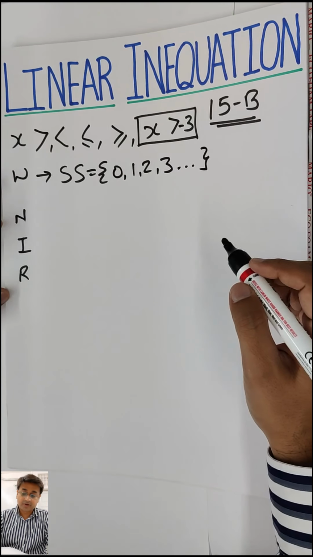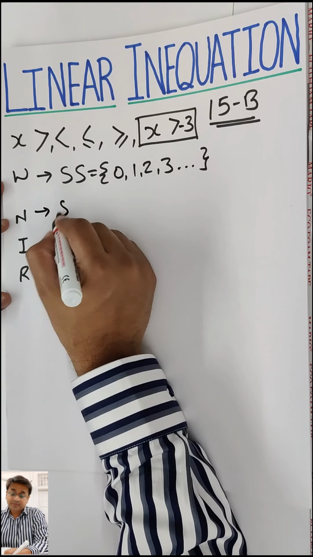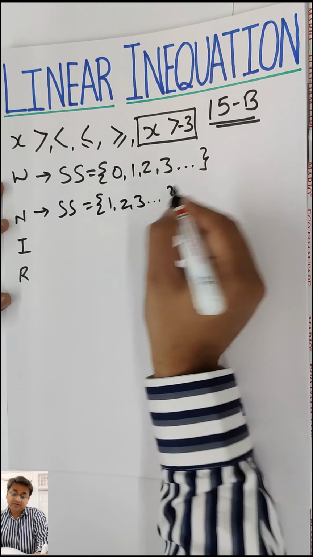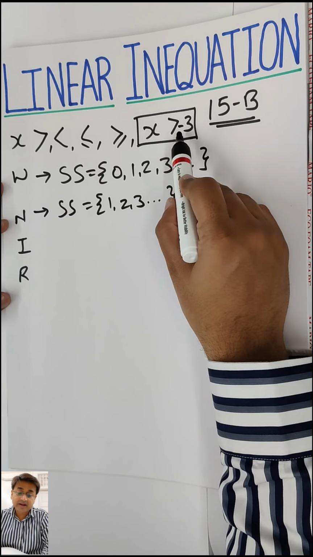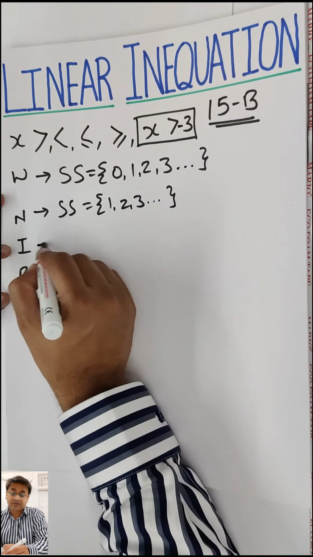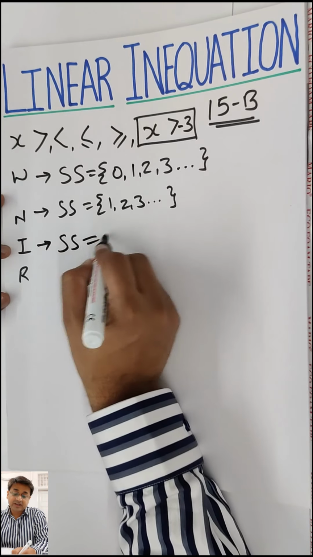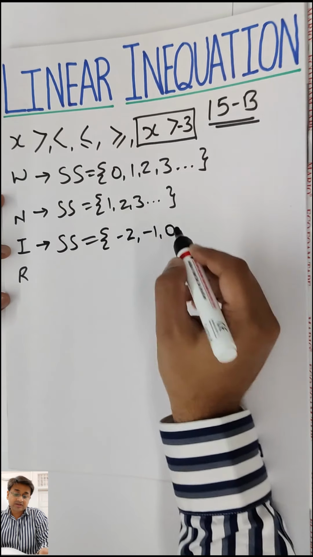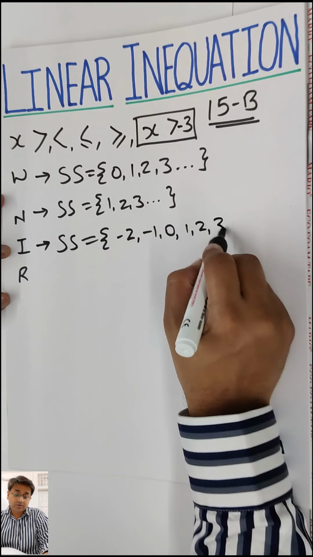It can't stop, right? Natural numbers start from 1 and again go till infinity. Since it's greater than minus 3, I can't include minus 2 in whole numbers and natural, because that is not allowed. But if it is integers, then I shall take minus 2, minus 1, 0, 1, 2, 3 and till infinity.